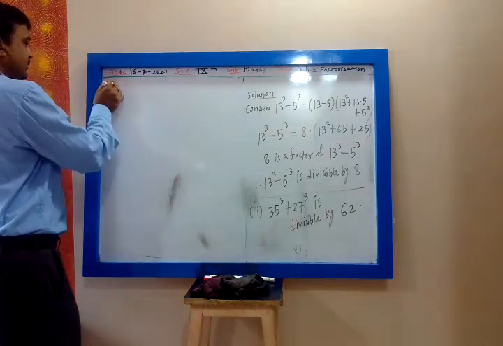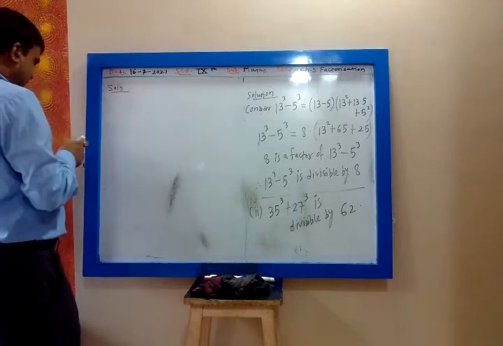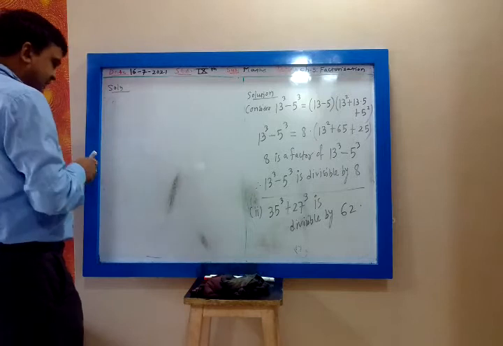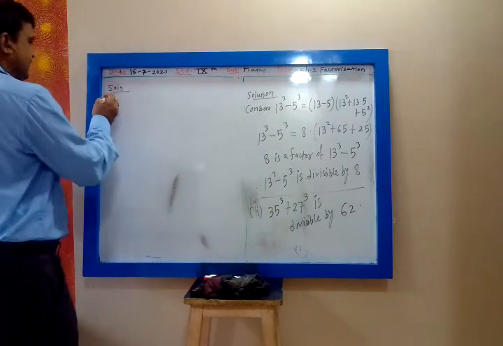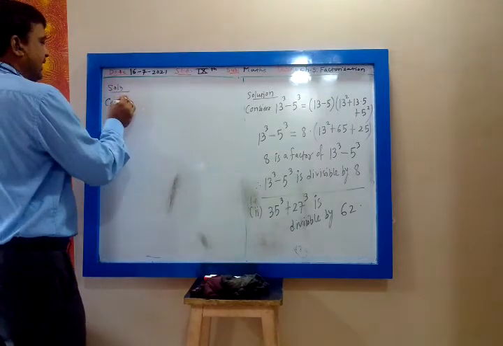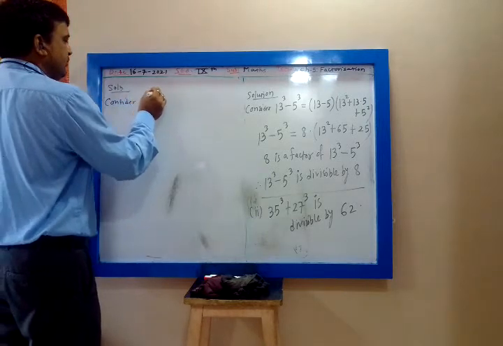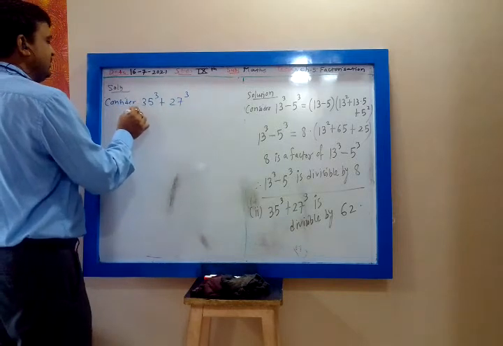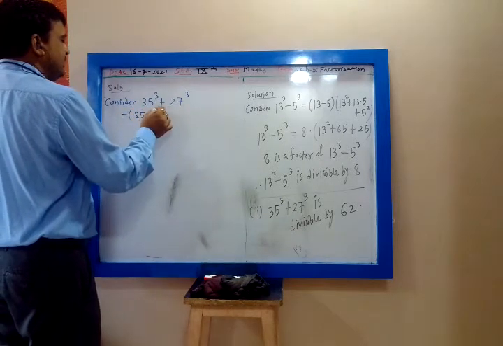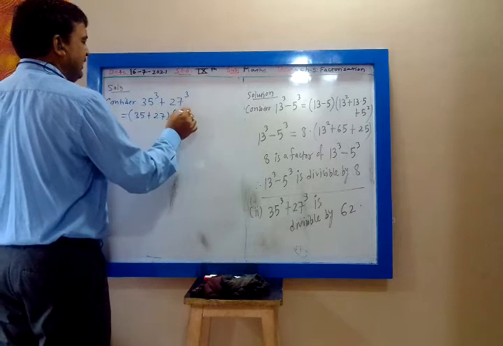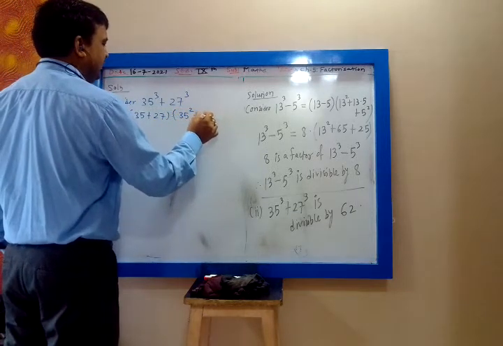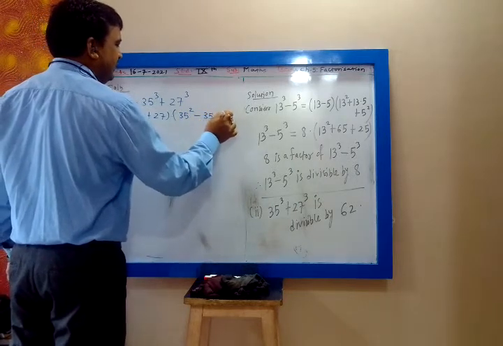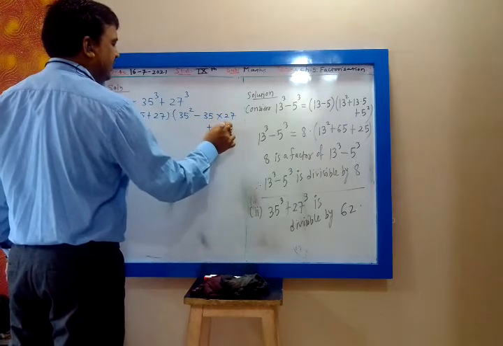So let me write the solution of this. Consider 35 cube plus 27 cube. Use the formula a cube plus b cube, that is a plus b into a square minus ab plus b square: 35 plus 27 into 35 square minus 35 into 27 plus 27 square.